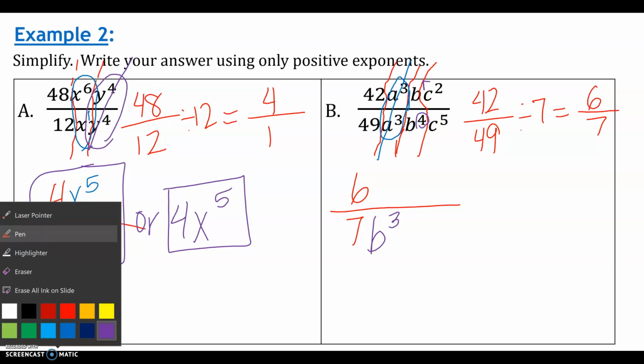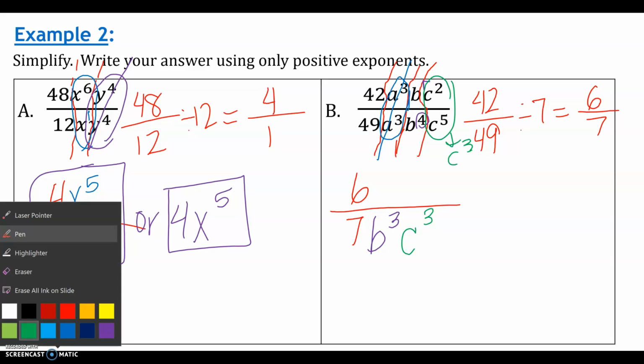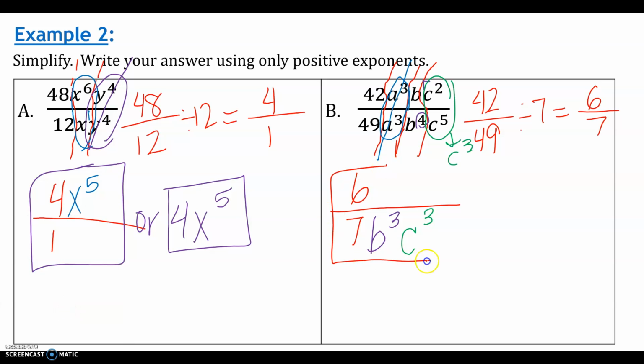And then the last one is your c's. If you subtract, you're going to get c cubed, and it's going to go on the bottom because the 5 was bigger than 2. So it looks like this 6 is the only thing that is on the top. And again, like I said, alphabetical order, so this b should be before the c.